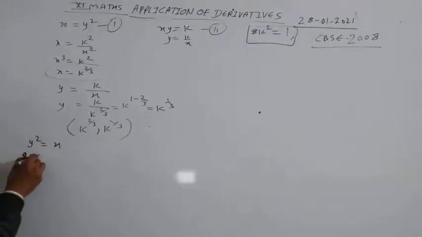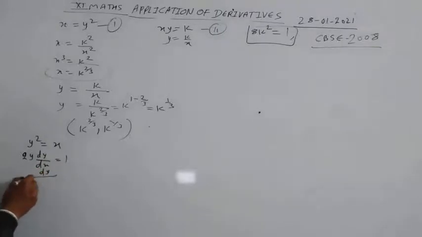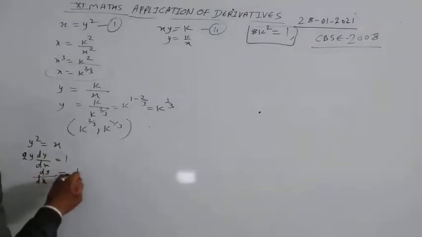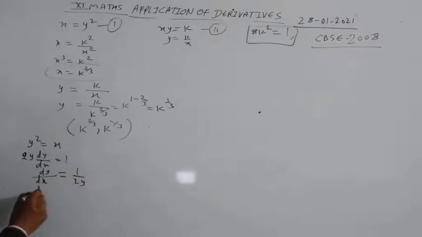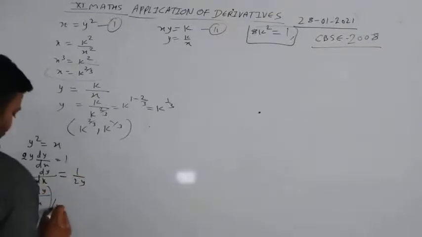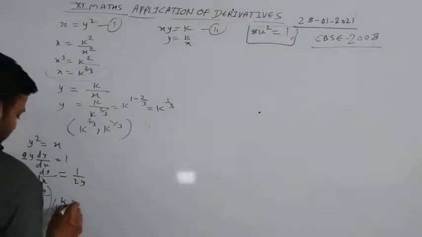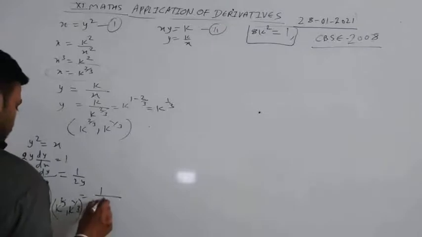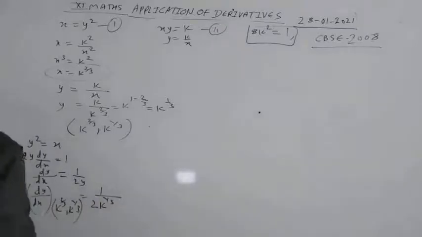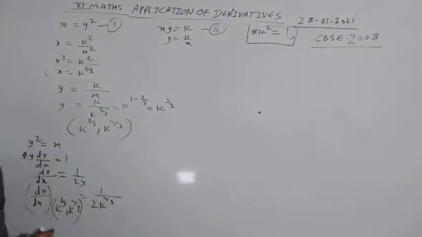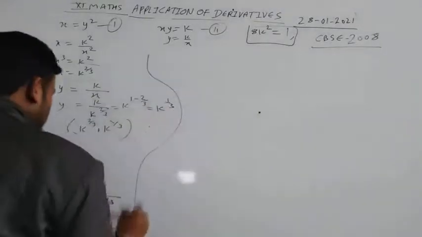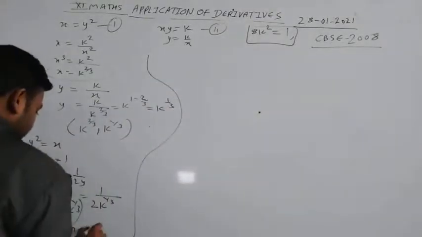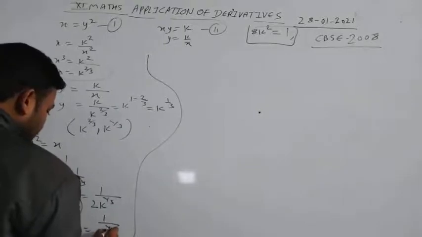So 2y dy/dx = 1, so dy/dx = 1/(2y), and the value of dy/dx at the point (k^(2/3), k^(1/3)) is 1/(2k^(1/3)). Okay, student, the slope of this is m1.